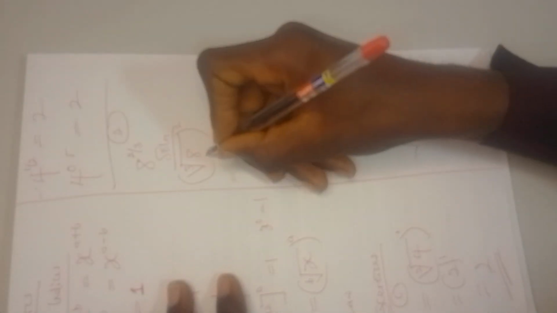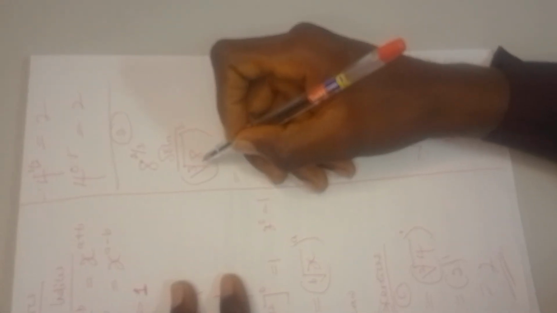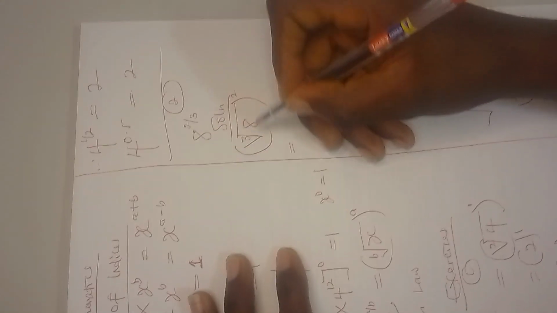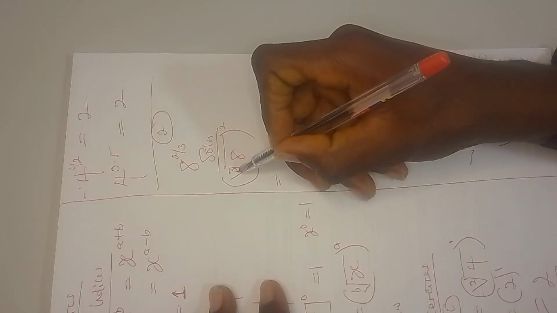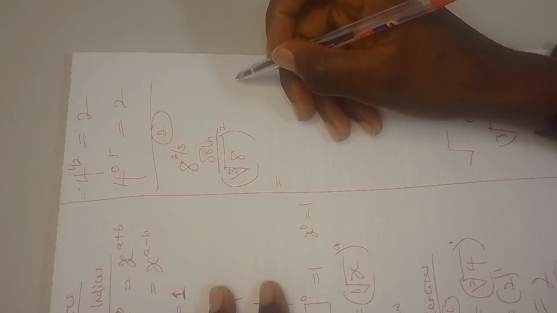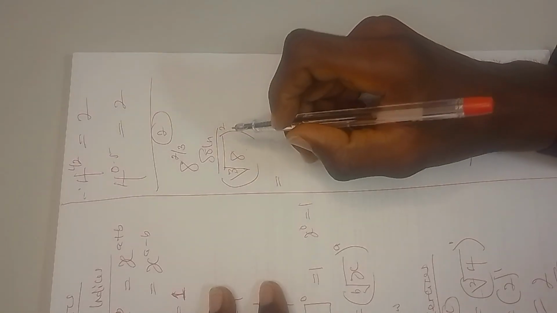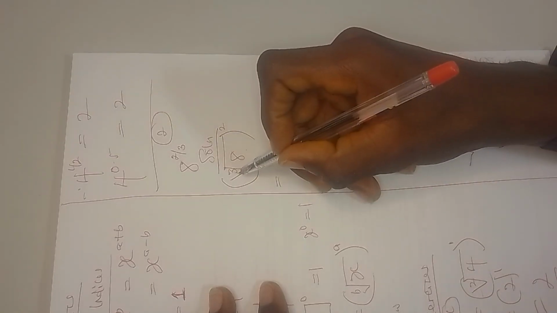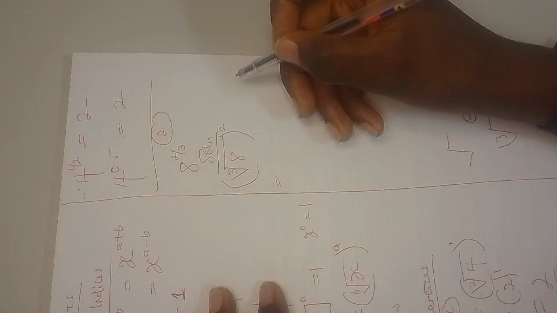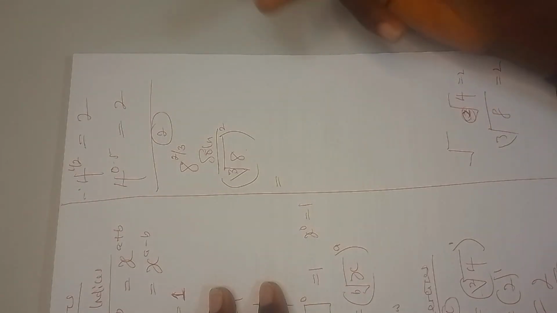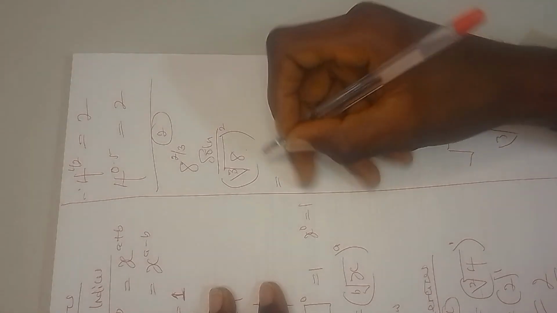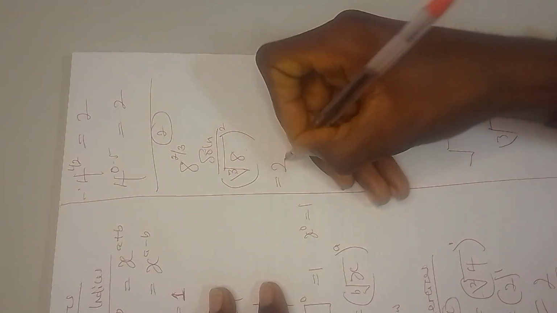Now, what is the third root of 8? It means, what is that number that if you multiply it by itself 3 times, you will get 8? The answer is 2, because 2 times 2 times 2 will give you 8. So the third root of 8 is 2.